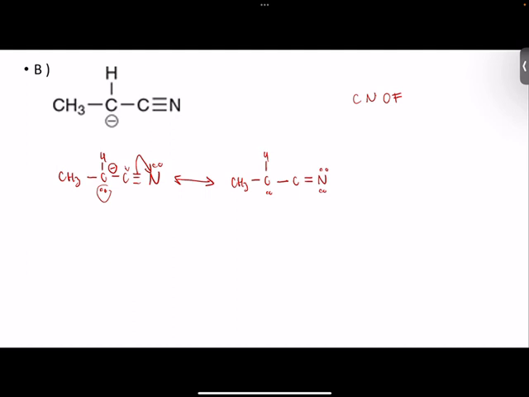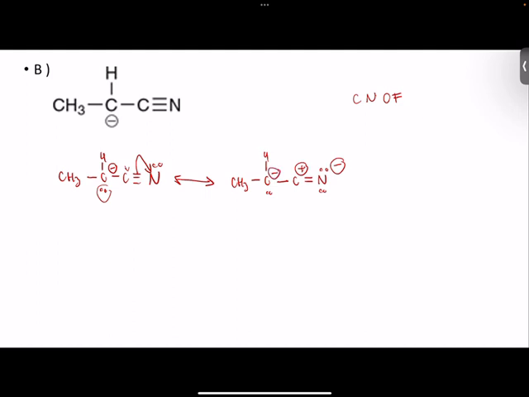So nitrogen with 2 bonds is going to be a negative charge. Our carbon only has 3 bonds and no lone pairs, so it's going to be a positive. And then our other carbon has a negative.